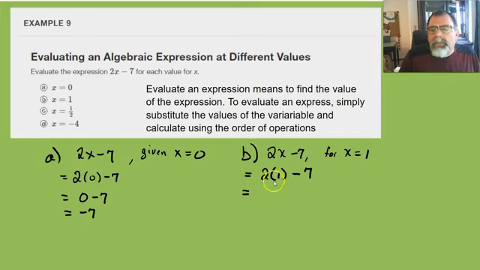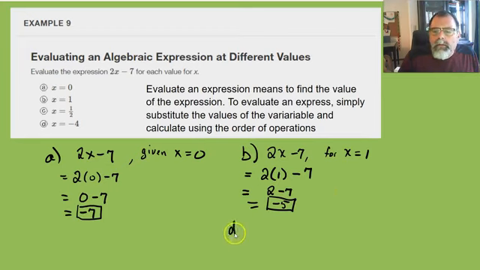Okay, order of operations again. There's nothing to do in the parentheses since it's just one number, so we can skip that. There's no exponents. Multiply. 2 times 1 is 2. 2 minus 7 is negative 5. Oh yeah, I'd like you to box your answers. All right, let's try one more.